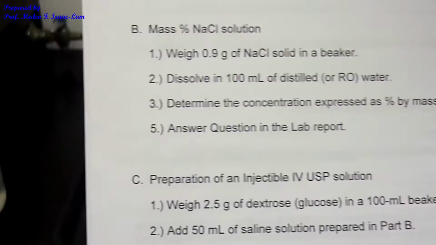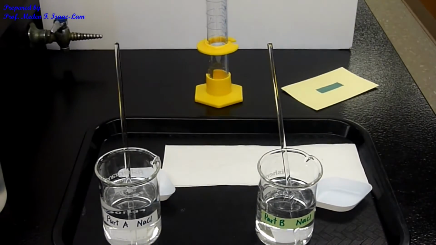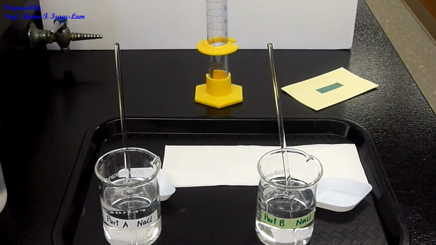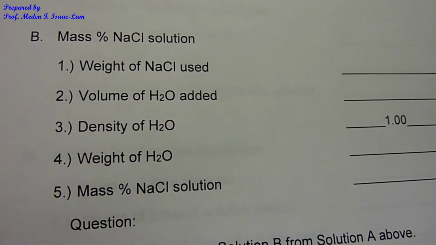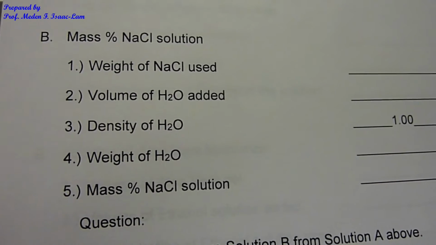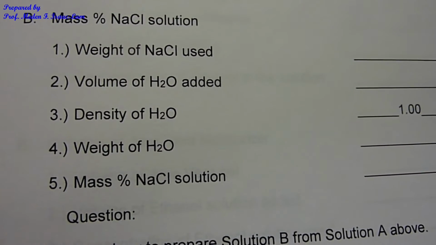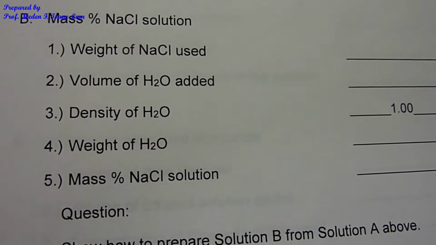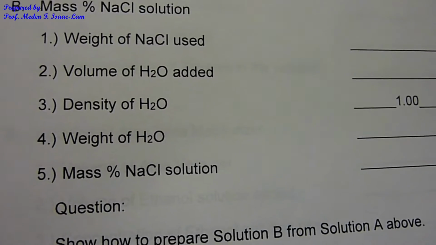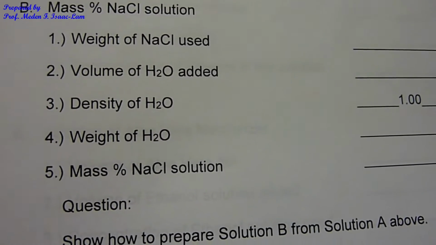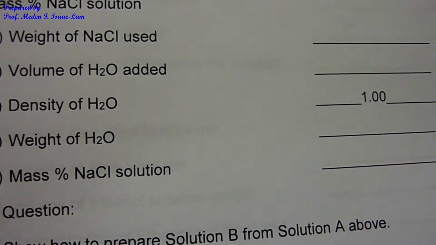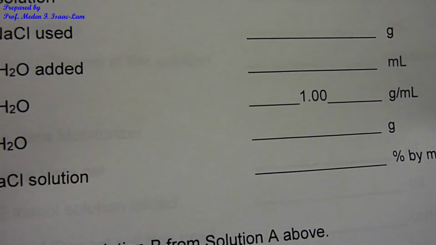Okay, so for part B, and then you are going to do also the calculation. In the final lab report for part B, which is mass percent of NaCl, you are going to write down the weight of NaCl used, and then the volume of water added, and then the density of water, which is 1.00 gram per ml.